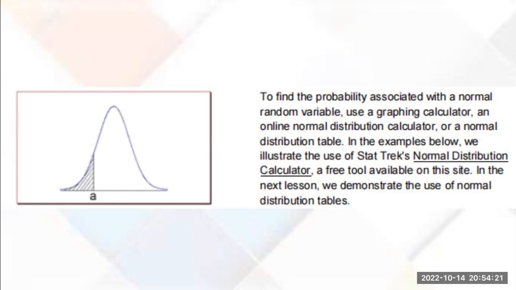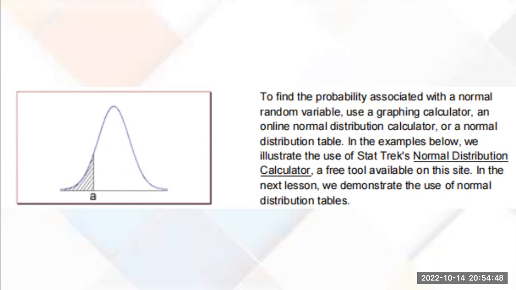Then using that, you just need to type the z-scores, the condition, whether it's greater than or less than, and then the standard deviation and the mean. This is a free tool available on site.